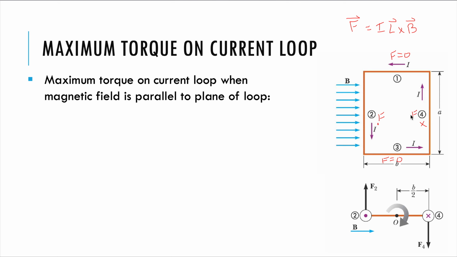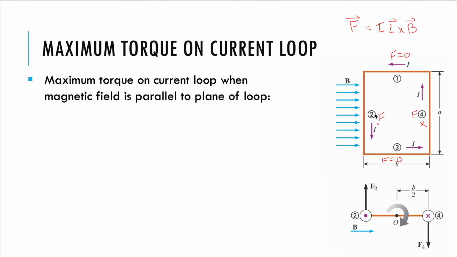What's going to happen is that this loop will rotate. You can imagine this loop being on a table. If you push down here and pull up here, it's going to rotate. It's kind of hard to visualize, so in this second picture we have a side view of the loop as viewed from side 3.